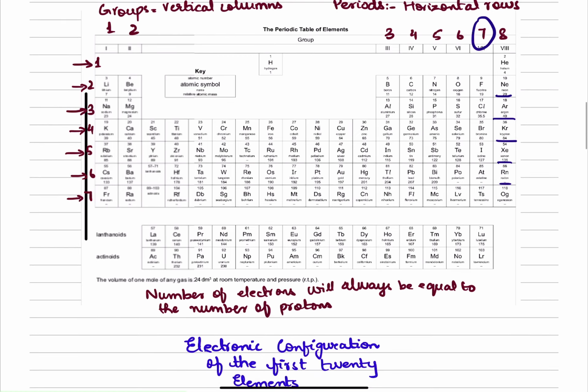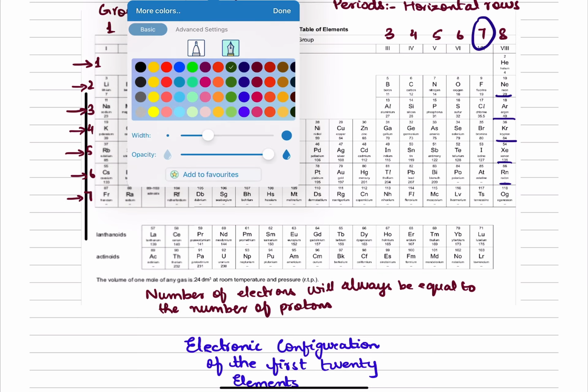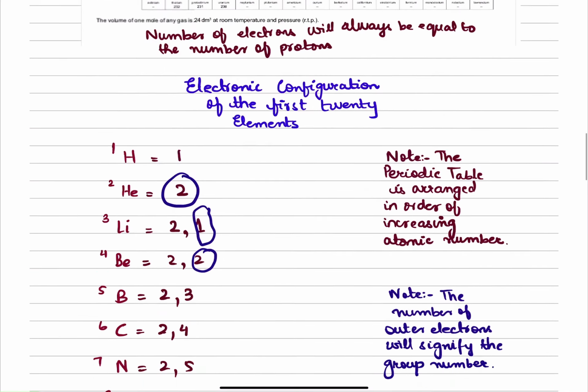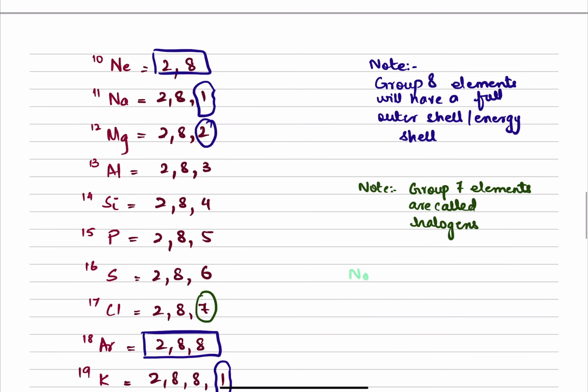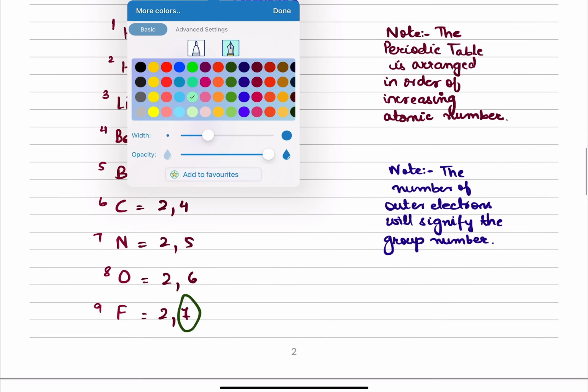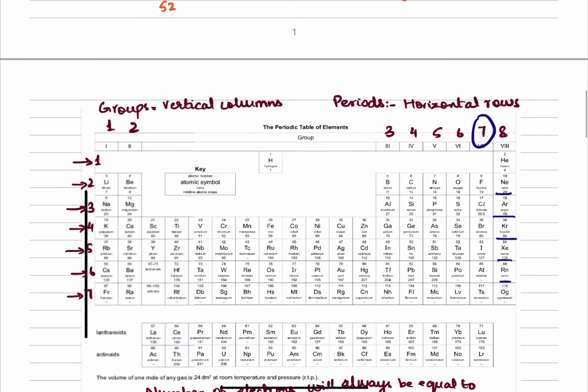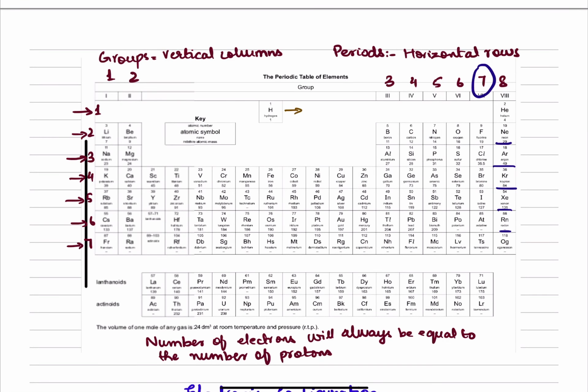Another very important thing to note is that the number of the period signifies the number of energy levels. If I'm talking about period 1, you have hydrogen and helium.